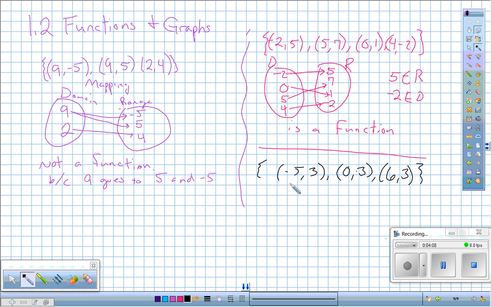What this is going to look like is I will have in my domain the elements -5, 0, and 6. In my range, I will have 3. I only list each number once. I could list 3, 3, 3, but that's not really going to show us what we want to look at when we look at these mappings. They all actually go to 3, and this is a function. Yes, it's a function.